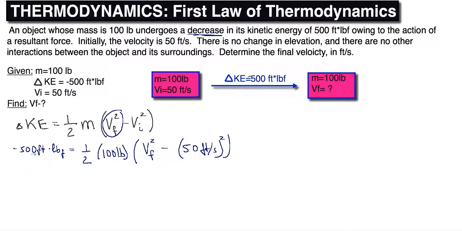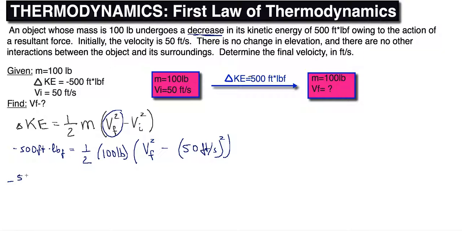First of all, we're going to have to change 500 feet times pound force into 500 feet times pounds times feet per second squared, so we have consistent units through the whole equation. So we're going to multiply this by the conversion factor.